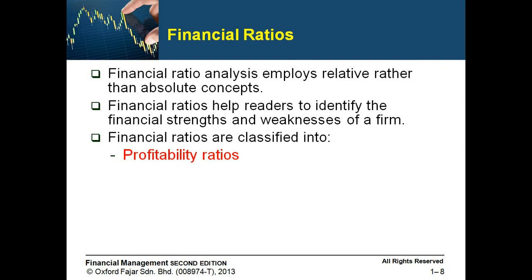This is because the users of the information, such as the manager itself, use it for planning and decision making. The investors also see the ratio before they decide to invest or not in the company. So the first ratio that they see is profitability ratios. They want to see the profit performance, how this company controls their costs.